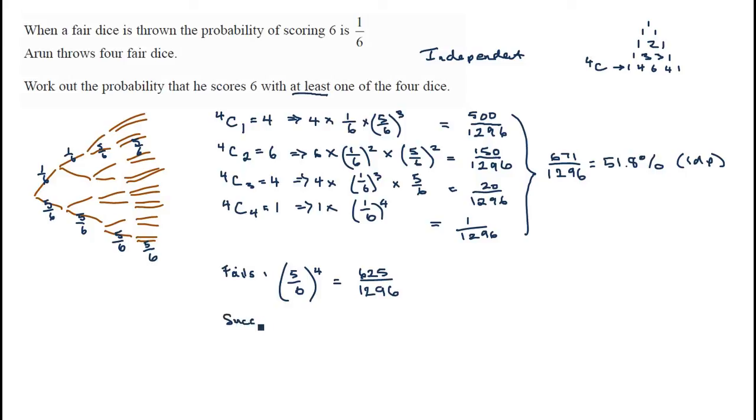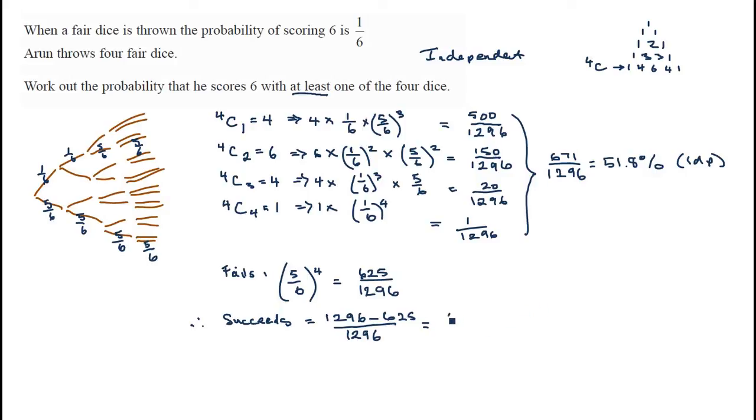Let's write, therefore, that the probability that he succeeds has got to be, well, it must be 1, which is 1296 over 1296, so 1296 is the common denominator, minus 625 over 1296, common denominator, and what's that? 1296 minus 625 gives us our 671.